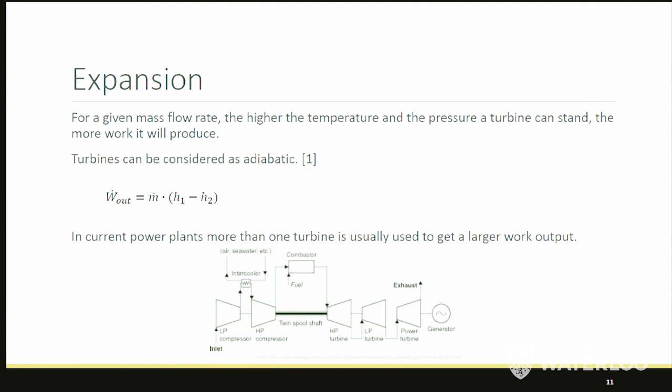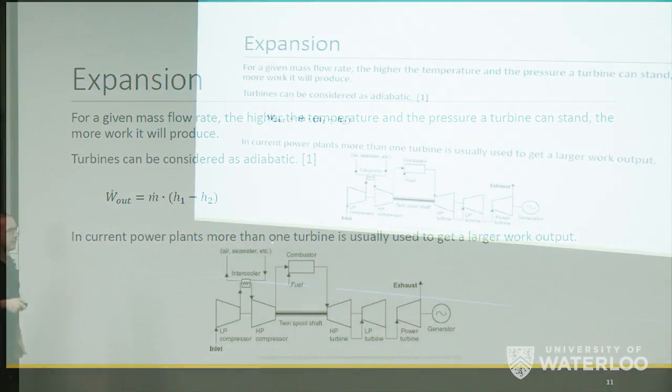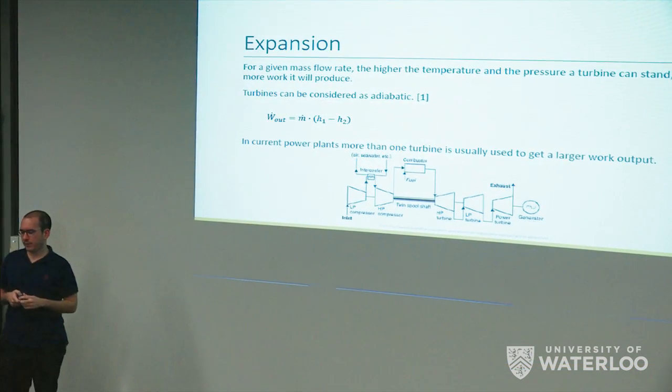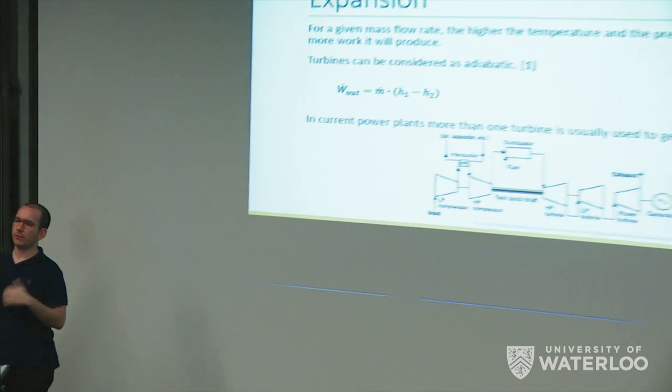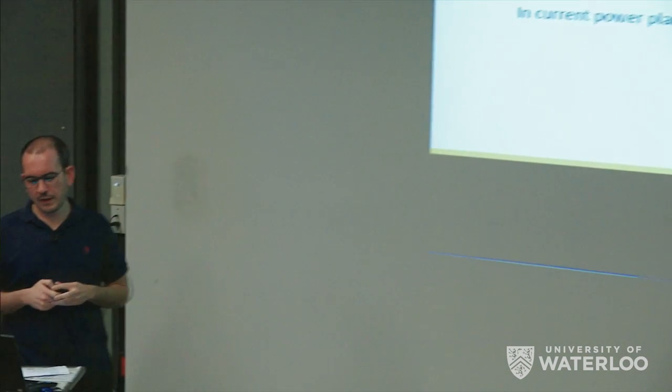This enthalpy is made from the temperature of the fluid and its pressure. And the turbines have a limit. The turbines cannot stand certain pressures or certain temperatures. That's why in recent years, and well, since 40 years ago, there's been a lot of research about better materials to stand high temperatures, to not get corrosion, etc.